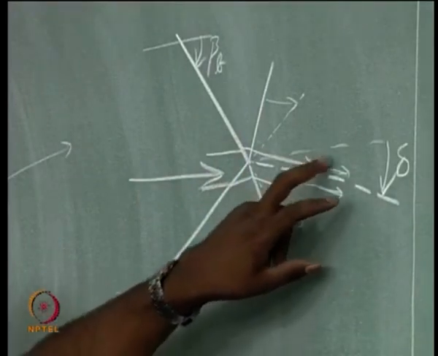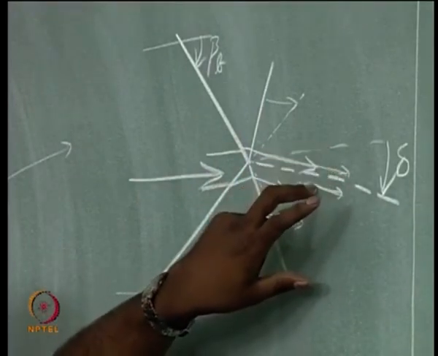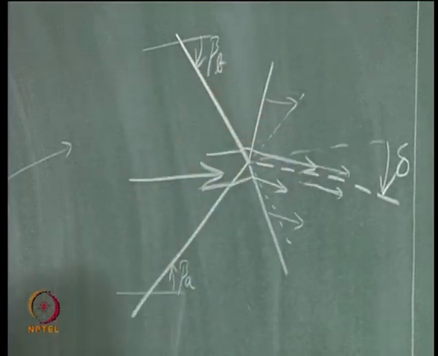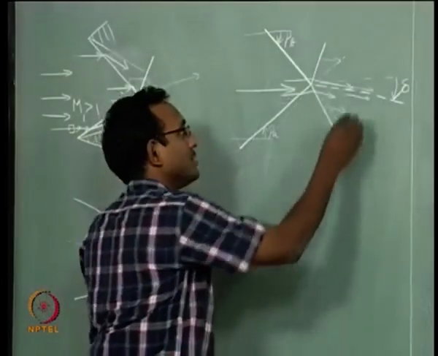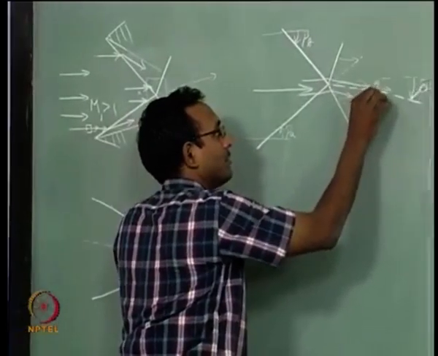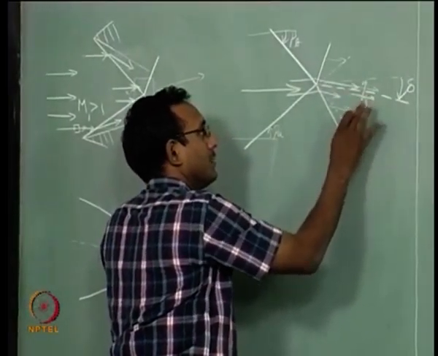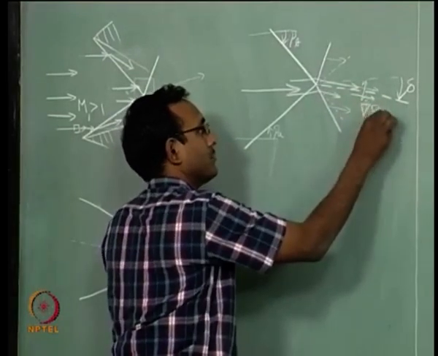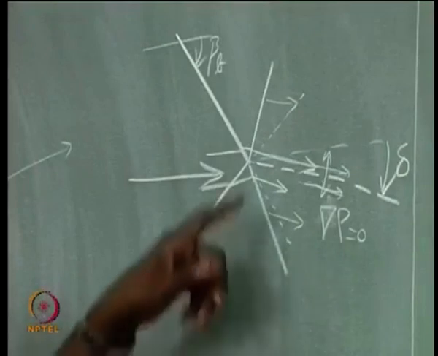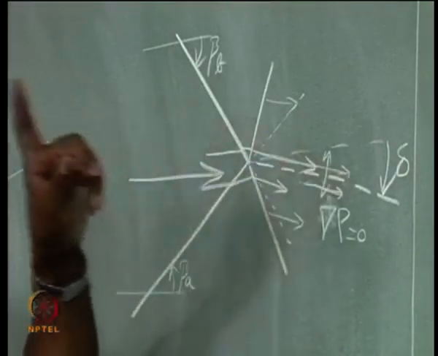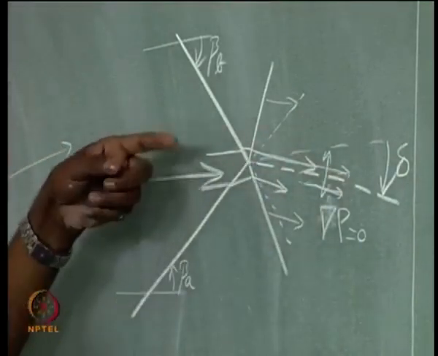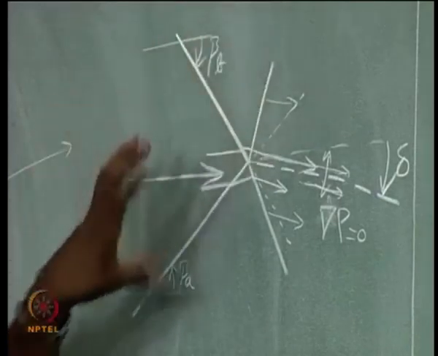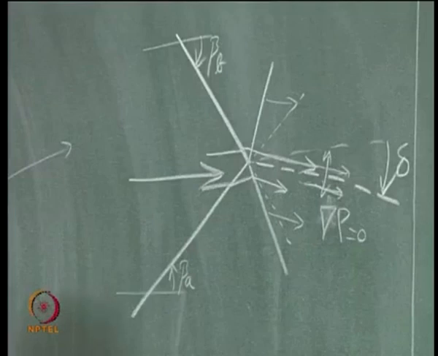One thing it has to satisfy is that the streamlines are parallel. That is when the flow will be satisfied. When will I say that the streamlines are parallel? When there is no perpendicular pressure variation. I will write it as gradient in P is 0, across that line, which is a special line because it is the boundary between the streamlines that are processed by the top set of shocks versus the bottom set of shocks.